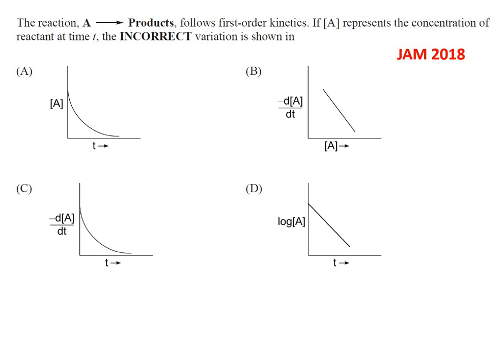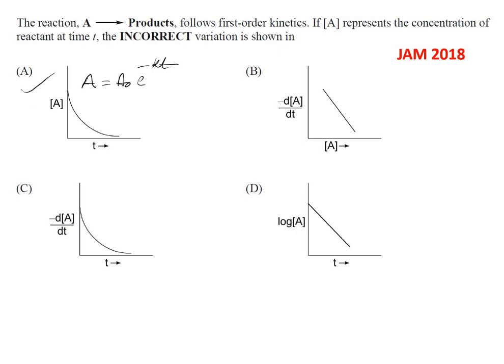So you have to pick up the correct ones and then automatically you will get the incorrect. So as you know from first order kinetics, A is A0 into e to the power minus kt. So this equation directly indicates that A varies exponentially with t. So this figure A is that.